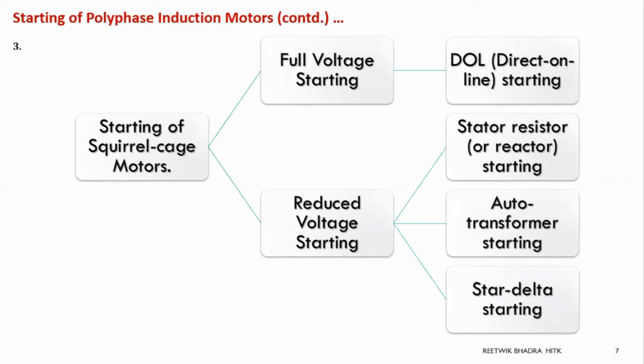We can use a stator resistor or reactor between the stator and the main supply. We can use an auto transformer. We can use star delta starting also. We have to discuss all these starting methods in detail and make a comparison between them, and see the advantage of the direct online starter, the stator resistor, auto transformer or star delta starter. We'll go into this.